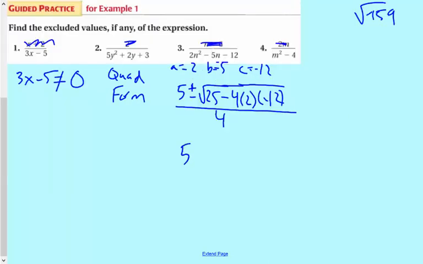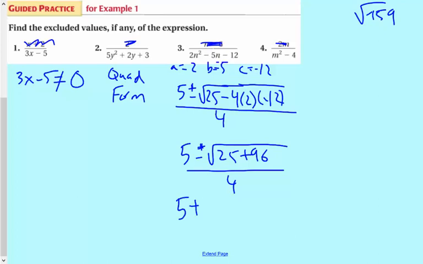So 5 plus or minus the square root of 25, let's see, I'm going to grab my calculator here. 8 times 12 is 96. And that gives me 121. The square root of 121 is 11. So 5 plus 11 divided by 4, and then 5 minus 11 divided by 4.